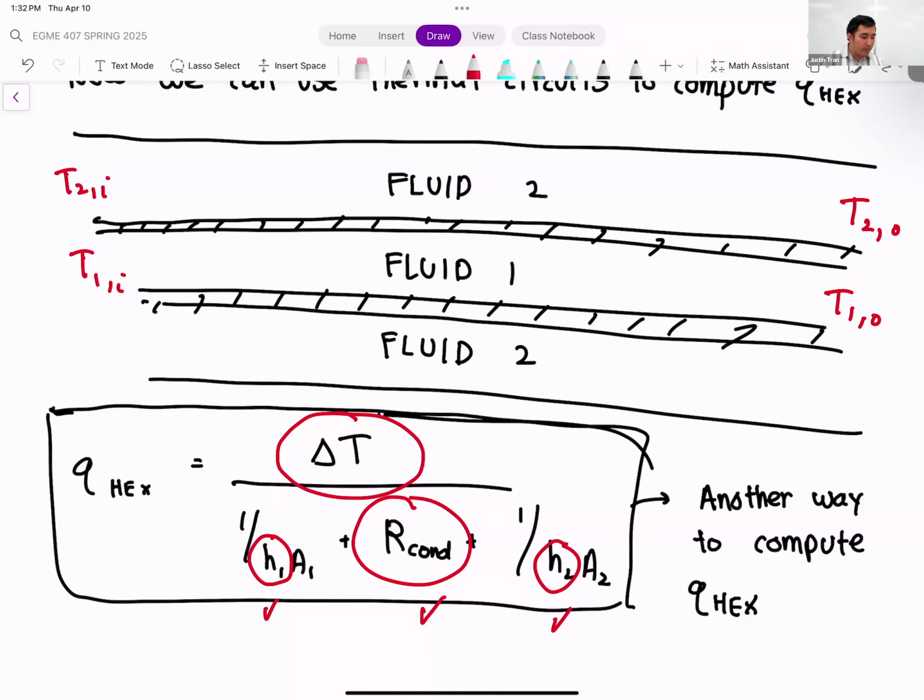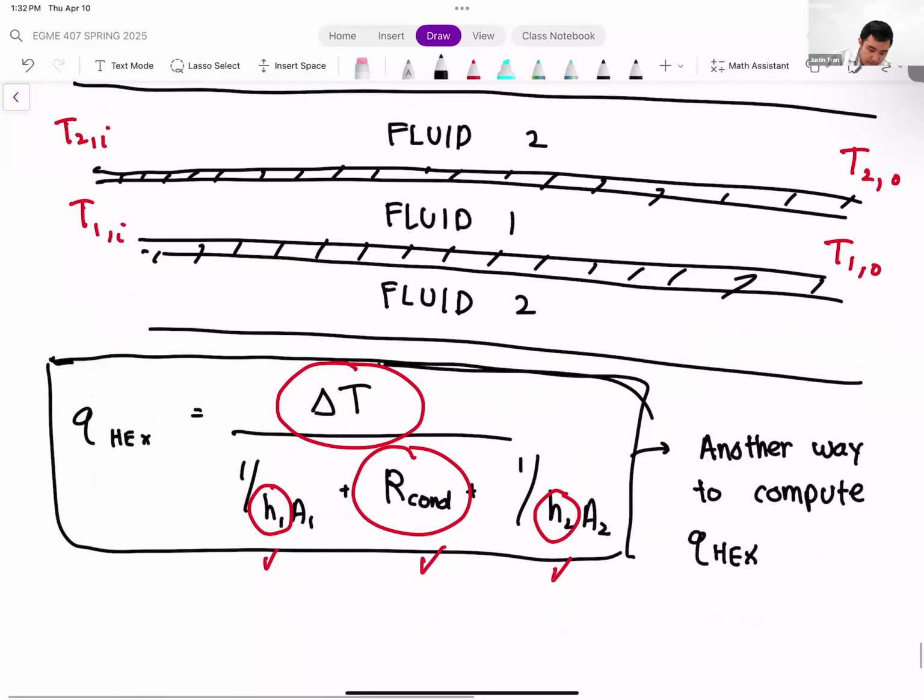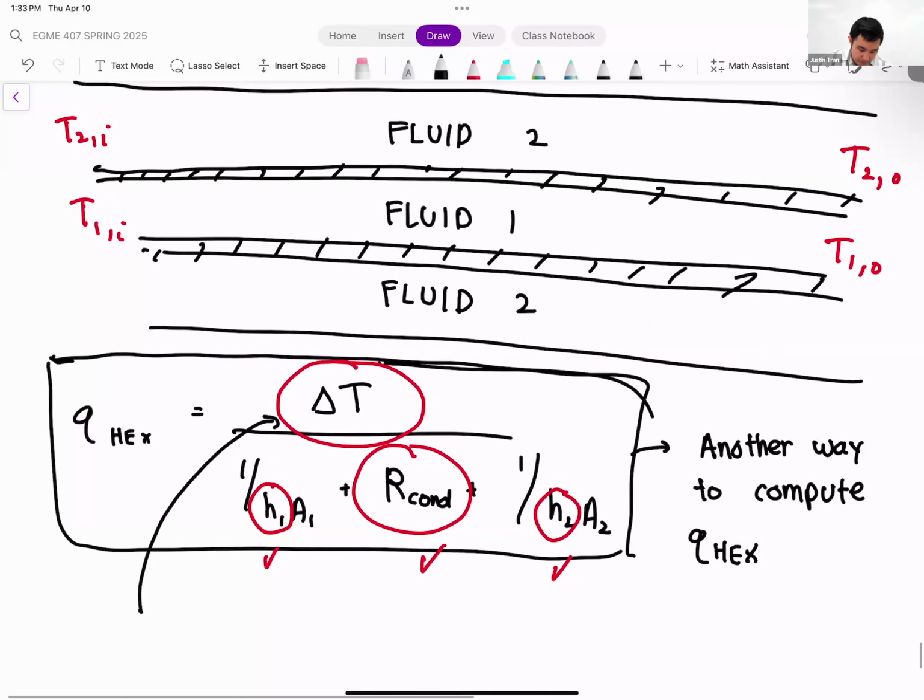Well, because the temperatures are actually changing quite a lot throughout the heat exchanger, this delta T that we compute is actually a little bit special, or more special than what we've used to.